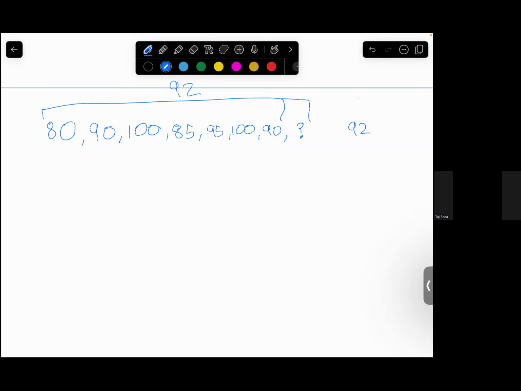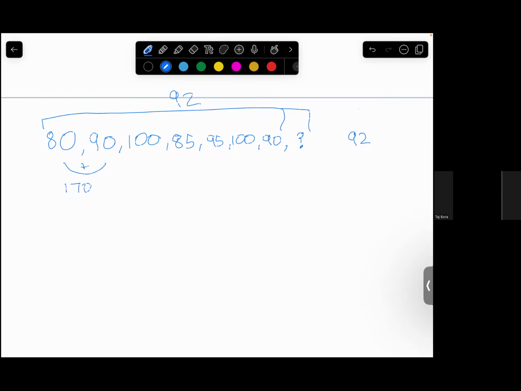Okay? So, first, let's figure out the total right now. So 80 plus 90 is 8 plus 9 and add 2 zeros. So this is 170. The reason I'm doing this adding technique is because when there are lots of numbers, this is the easiest way to make sure you do not leave any numbers behind.